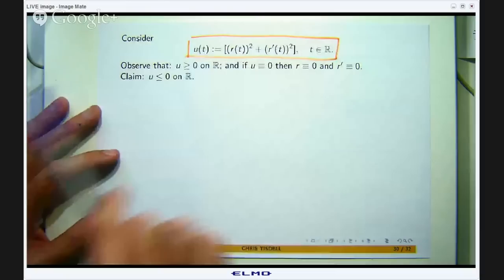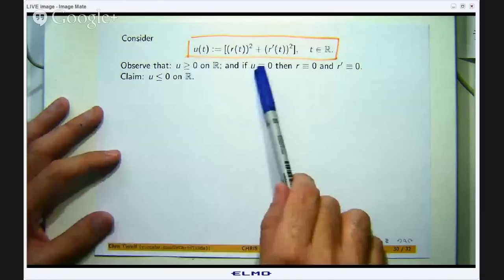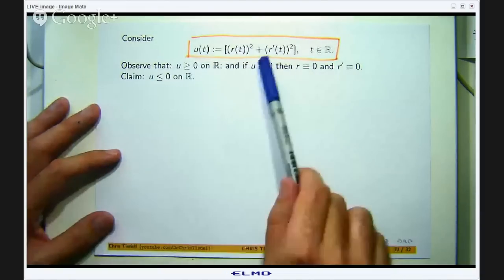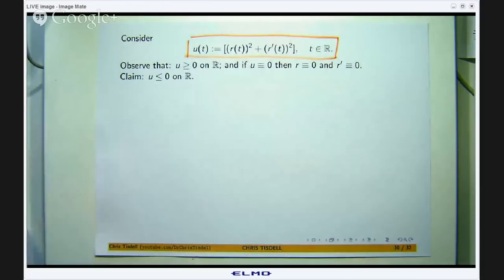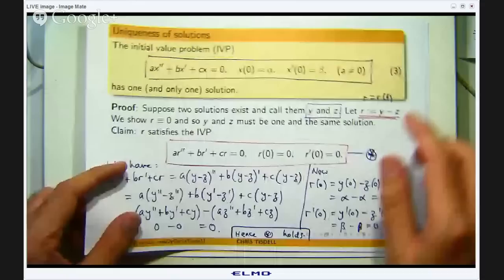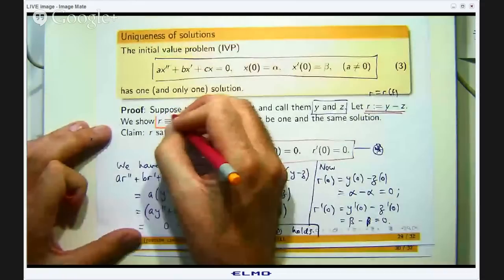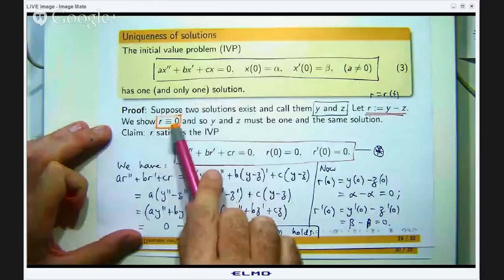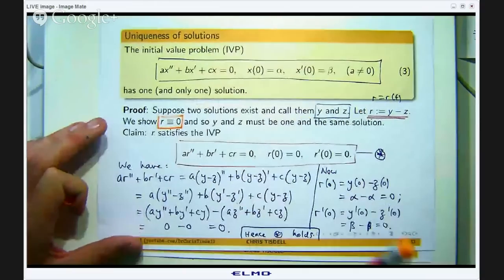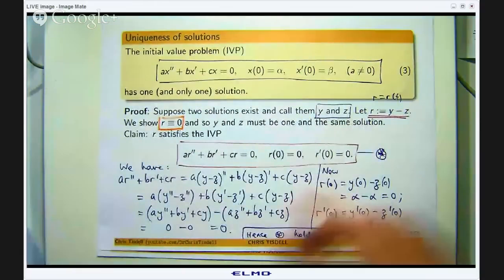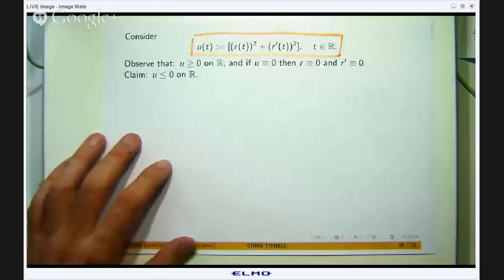And if I can show that u is identically equal to 0, then r is 0 and r dash is 0. Now remember what we're trying to do here is show that r is identically equal to 0, and that way any two solutions must be one and the same solution.